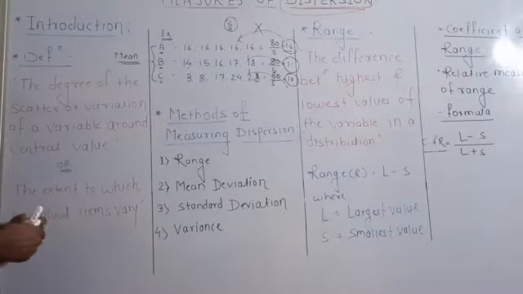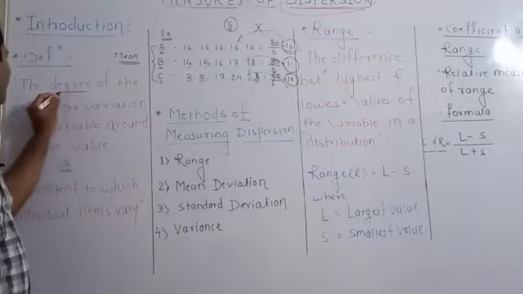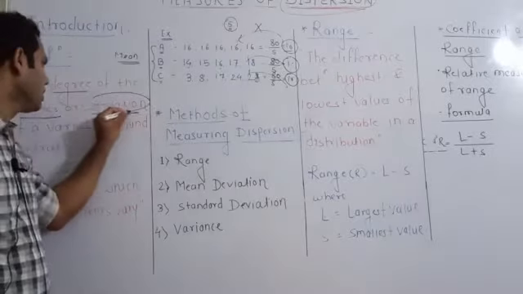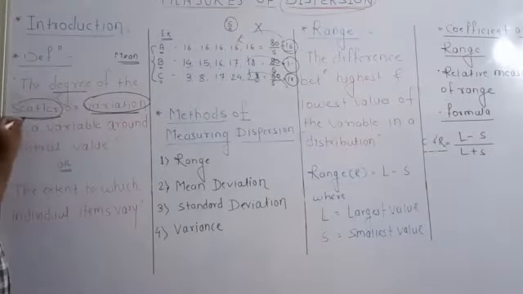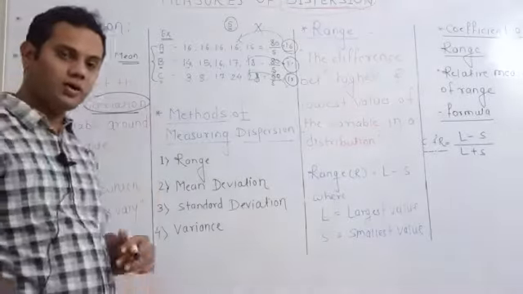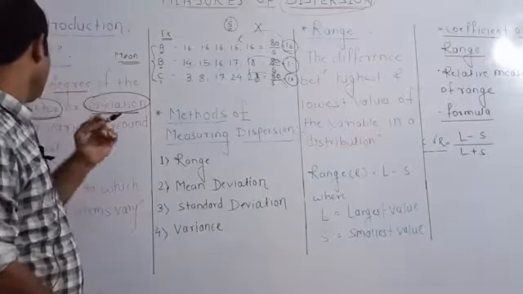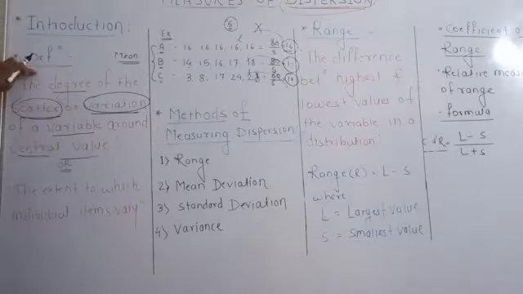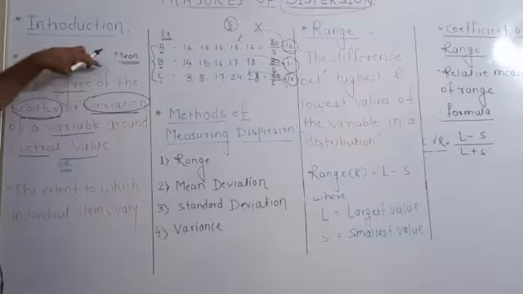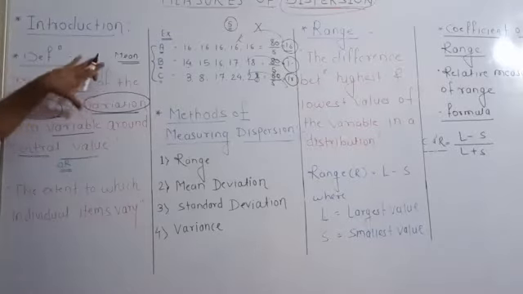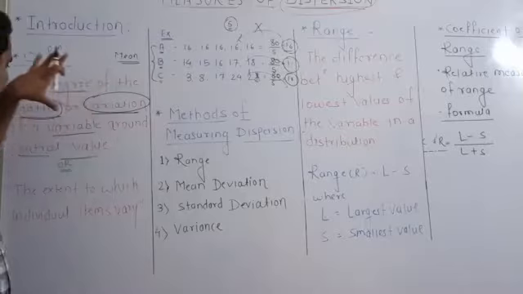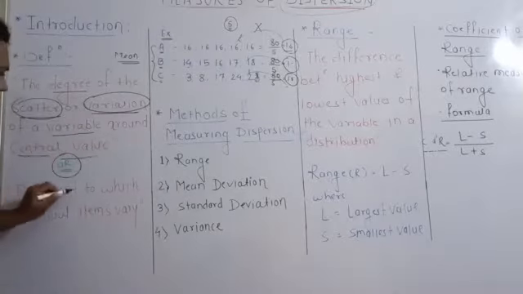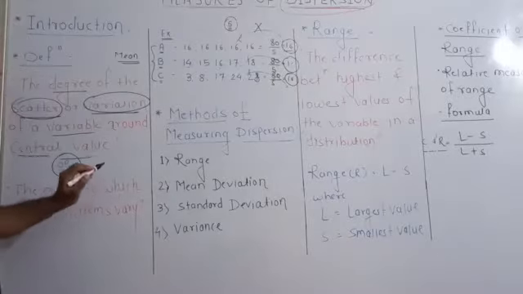Measure of dispersion can be defined as the degree of scatter or variation of a variable around a central value, or it can also be defined as the extent to which individual items vary.